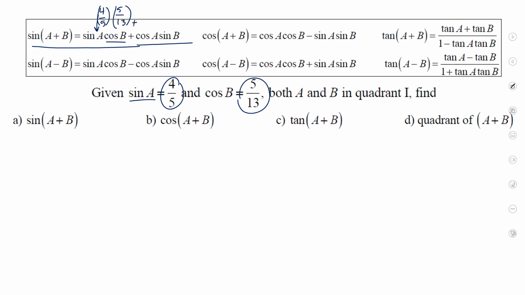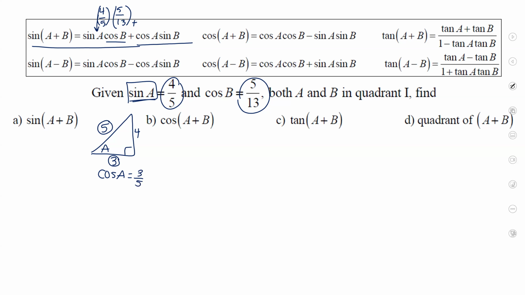Plus, they didn't tell me what cosine of A was, but if I draw a triangle, this is angle A, this is my right triangle. Sine is opposite over hypotenuse. This is a 3, 4, 5 triangle. That means cosine of A is the adjacent side over the hypotenuse, 3/5.